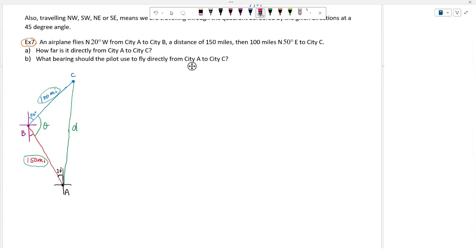And I know that this angle here is also 20 degrees. So therefore, in this case, theta will be 180 degrees minus 50 degrees minus 20 degrees, so it is equal to 110.